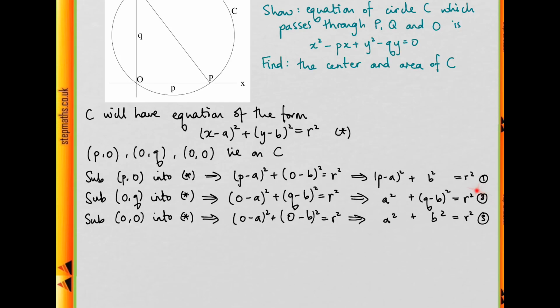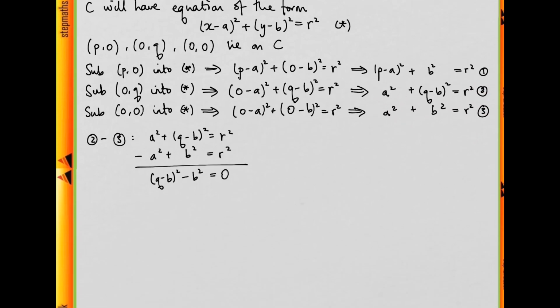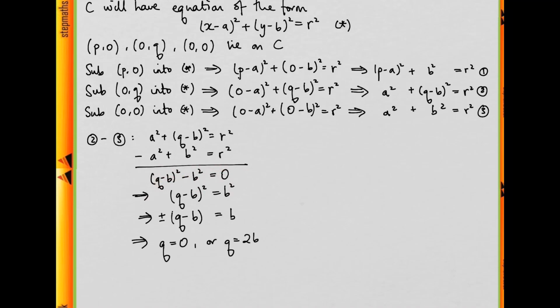First, if I do equation 2 minus equation 3, then we can eliminate a and r. If I rearrange this and solve for b, taking the b squared onto the right, we have this, and then we have this line from taking square roots of both sides.